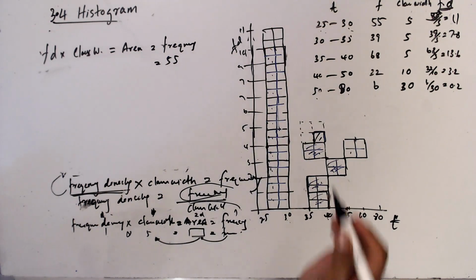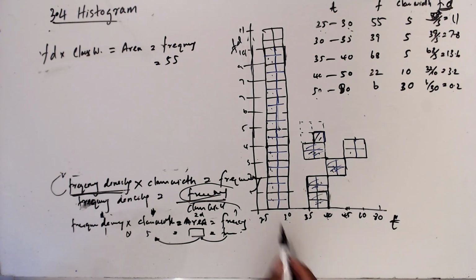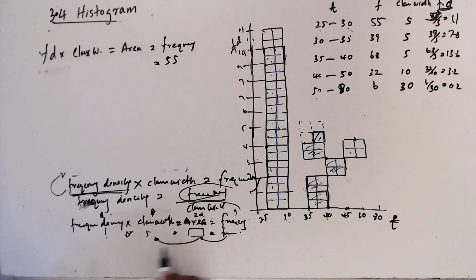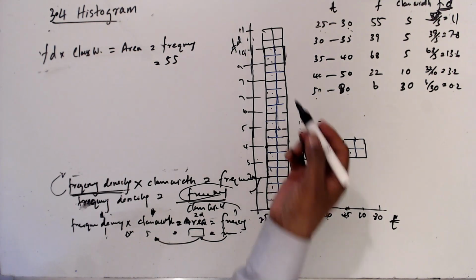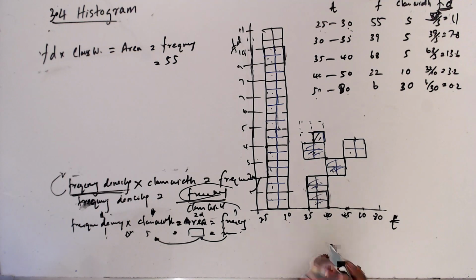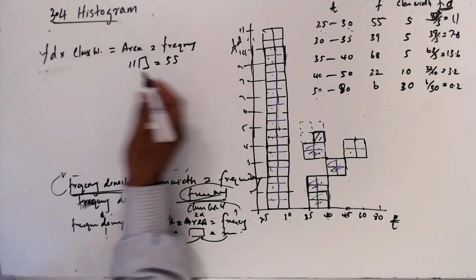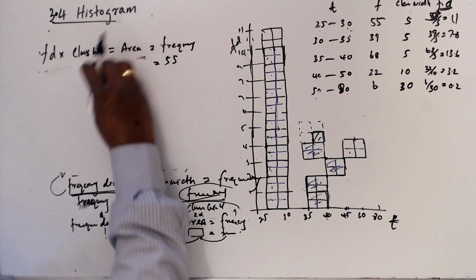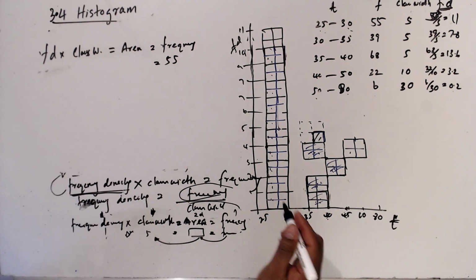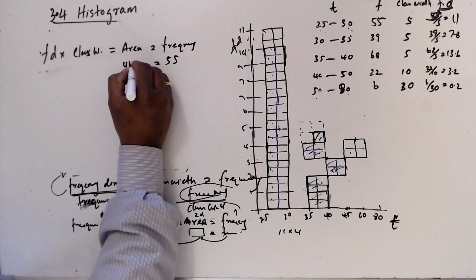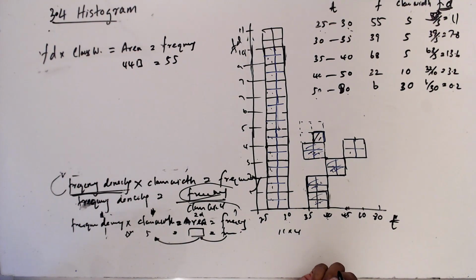It has to be 11. So 1 box represents 5. We calculate 1 times 5. Now, with the frequency 55 and area, you can write 11 big boxes. That doesn't work now because we need small ones. Then we have to come to small ones. It means 11 times 4, 44.